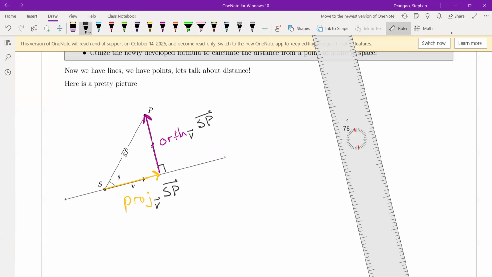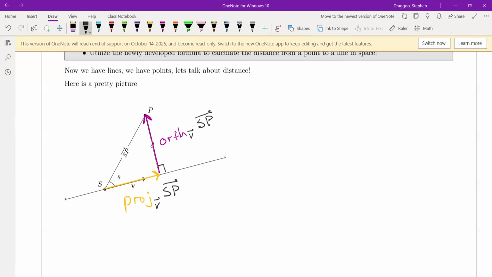I can pick any point that's on the line because all I'm really going to care about is projecting that vector somewhere. In particular, I want to say that D ends up being the magnitude of that orthogonal projection of V onto SP.